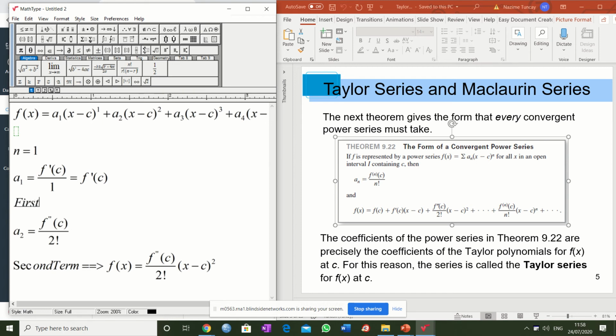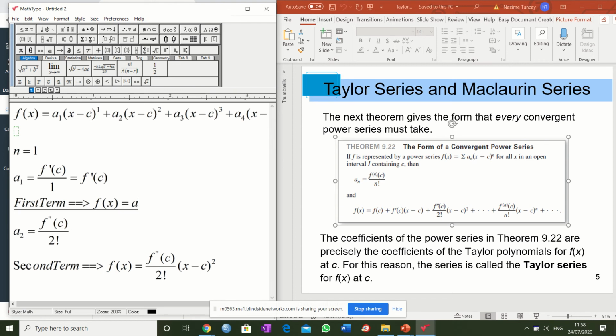Let me write the first term here. In the first term I have f(x) equals to here. What I have to write, you can see that in this formula, to find the first term of this formula, I have to write a1. What is a1? a1 is this one.